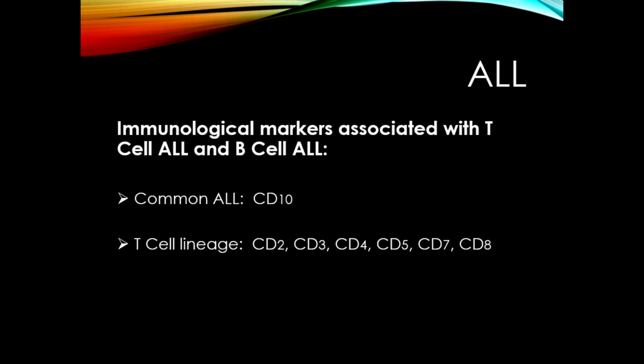There are certain immunological markers associated with the T and the B cell leukemias. CD10 is commonly associated with the common ALL type, while CD2, 3, 4, 5, 7, and 8 are associated with T cell lineage.